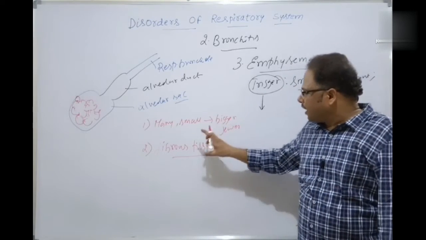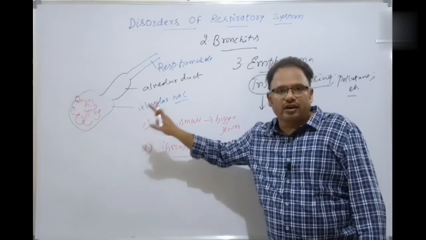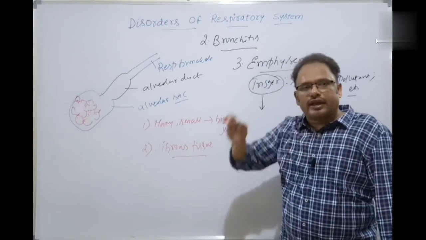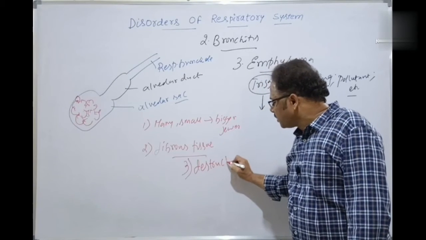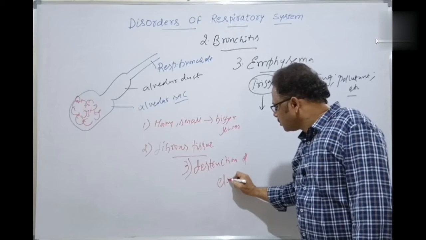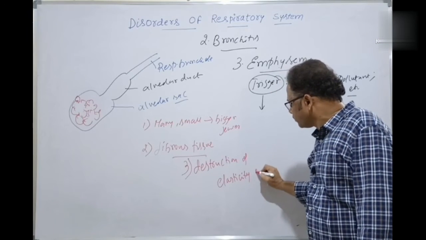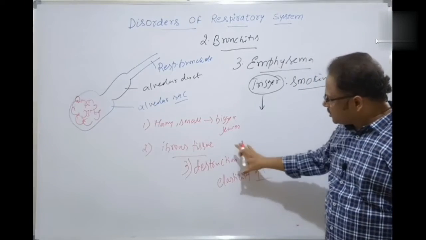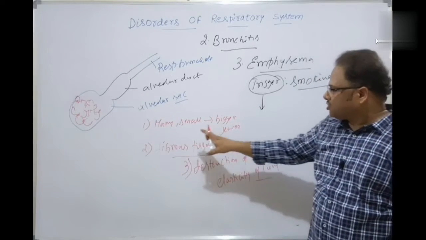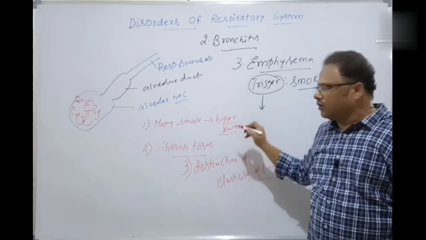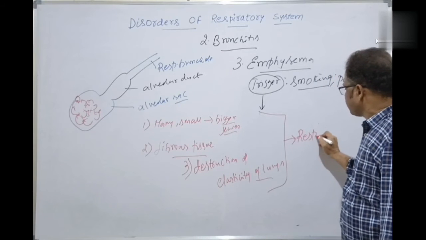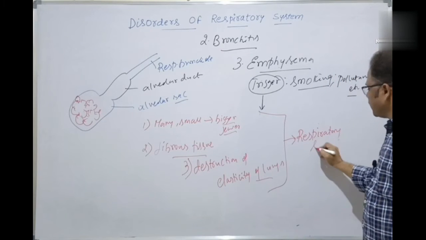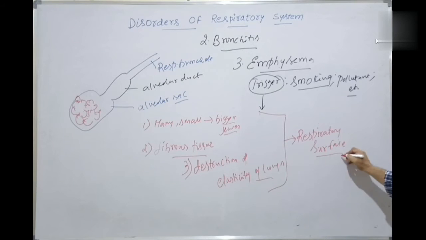So if the fibrous tissue is accumulated and proliferated in the alveoli and lungs, there is a destruction of elasticity, elasticity of the lungs. Because of the destruction of elasticity of the lungs, accumulation of fibrous tissue, and bigger and fewer alveoli, the respiratory surface where the exchange of gases occurs is severely decreased.